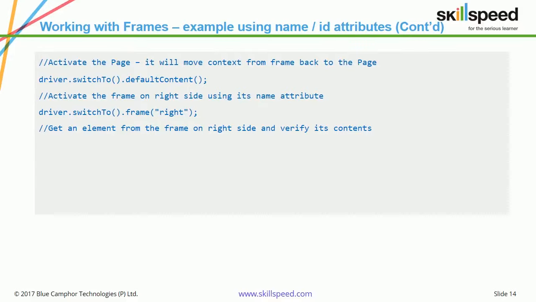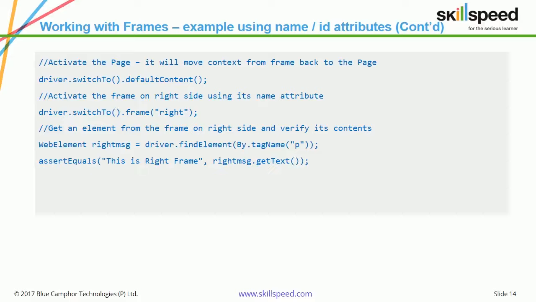We are then getting an element from the frame on the right hand side and trying to verify its contents using the statements WebElement rightMsg equals driver.findElement(By.tagName("p")), and whatever we are extracting from this web element, we are doing the assertion using assertEquals("This is right frame", rightMsg.getText()).